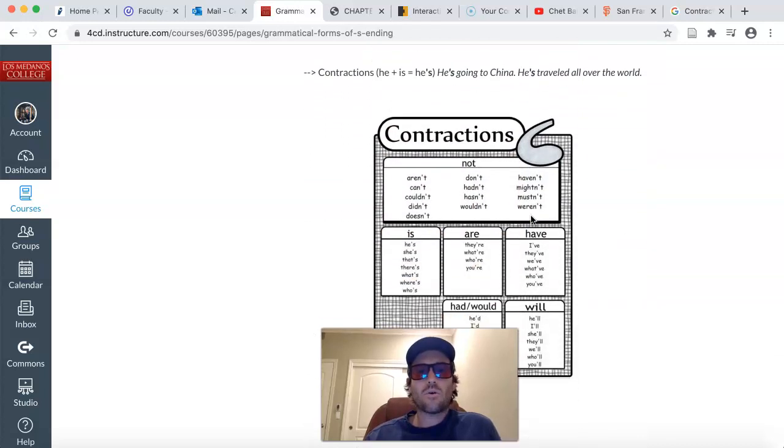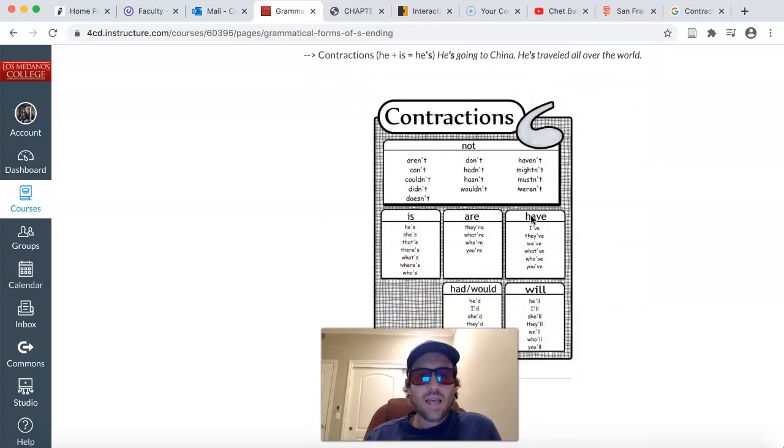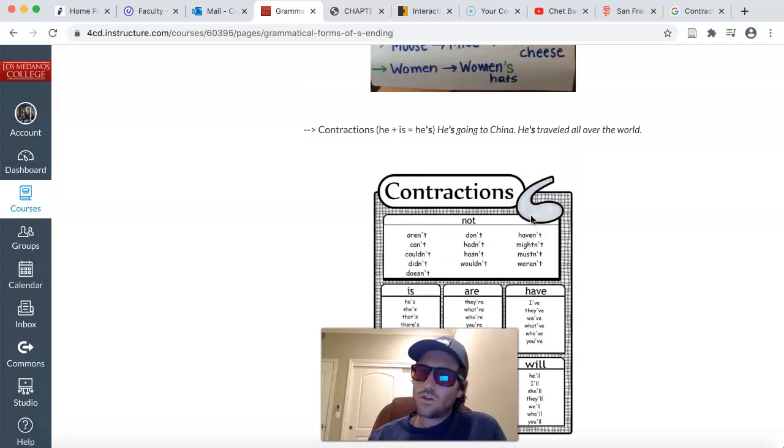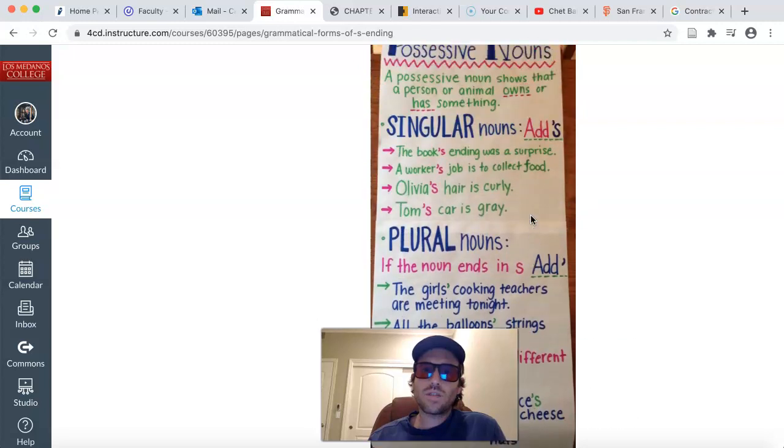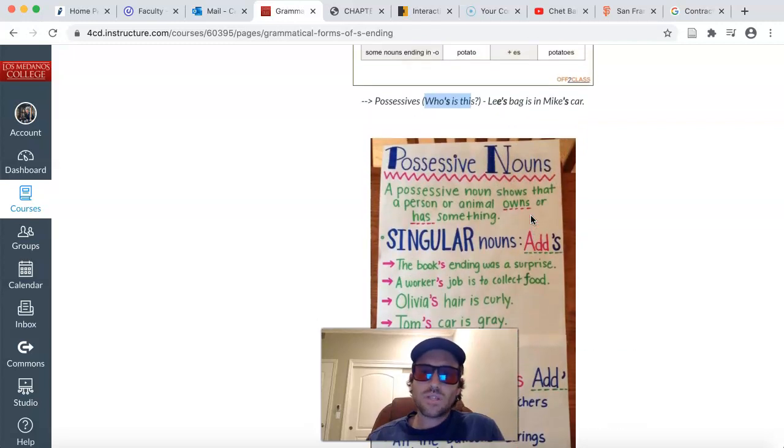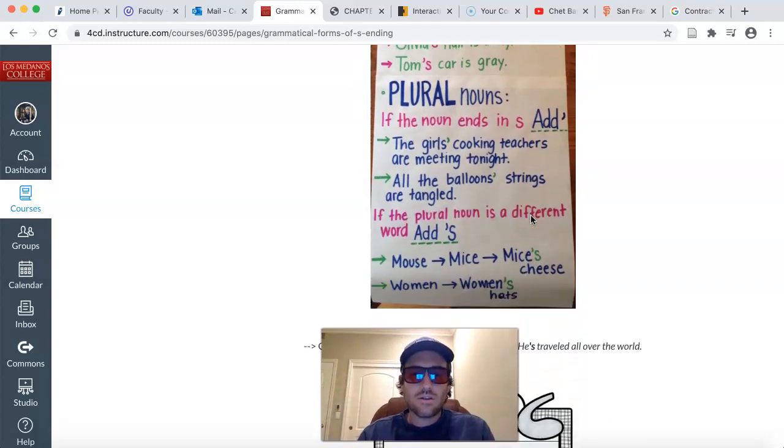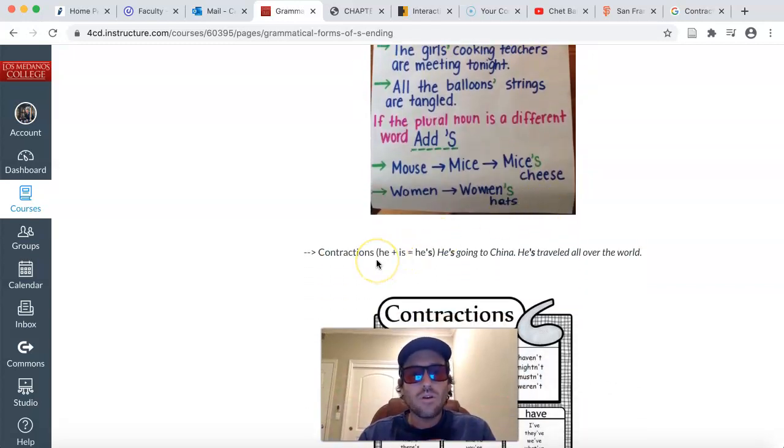The last form where the S ending is used is for contractions. Don't get contractions confused with possessives. Possessives indicate possession. Whose is this? Contractions, however, is just an easier way to construct words, especially a subject and a verb.